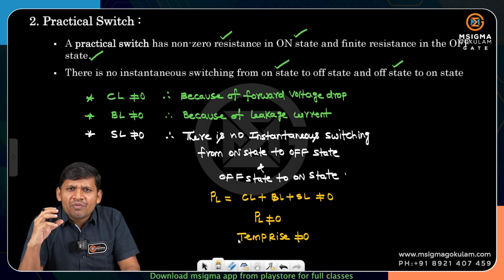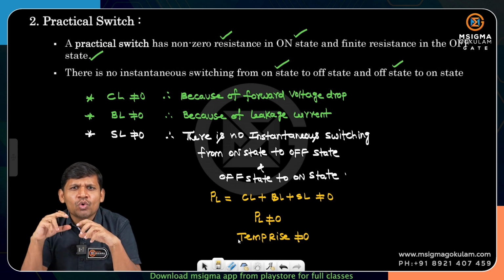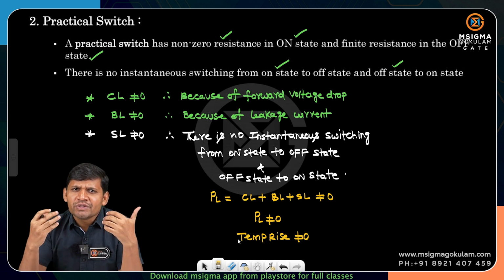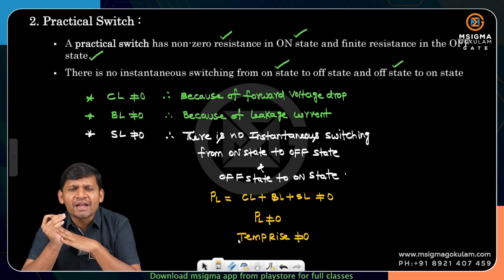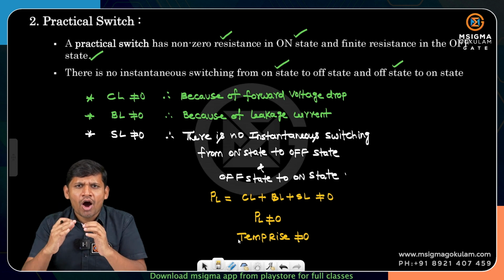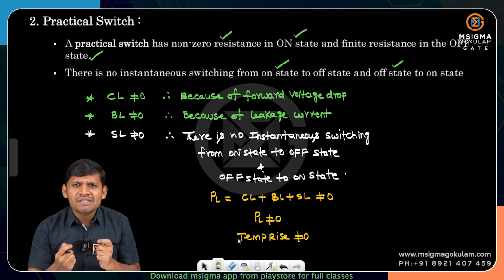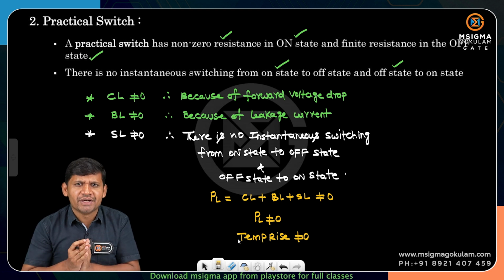During the operation of any device or switch, if the power loss is not equal to 0, there must be some temperature rise. Then that switch or device must operate within its safe operating area or safe operating region, that means within the thermal limits.